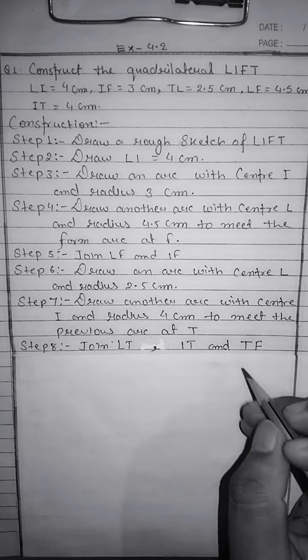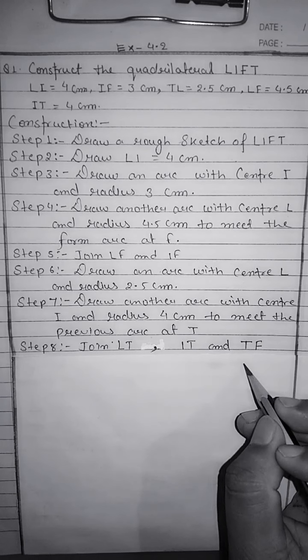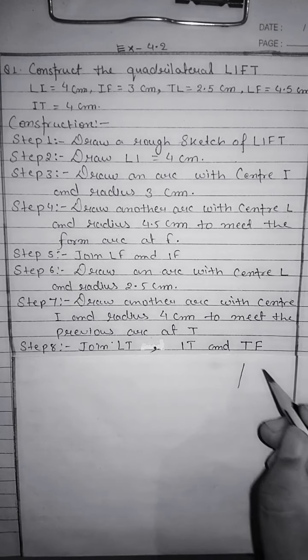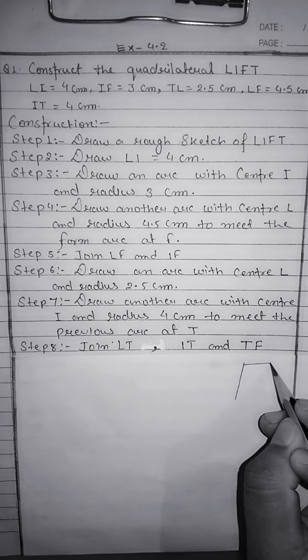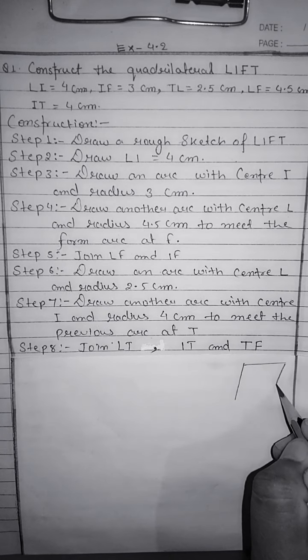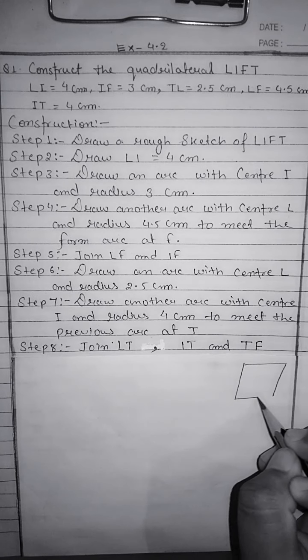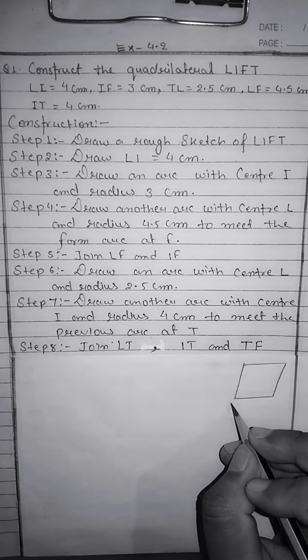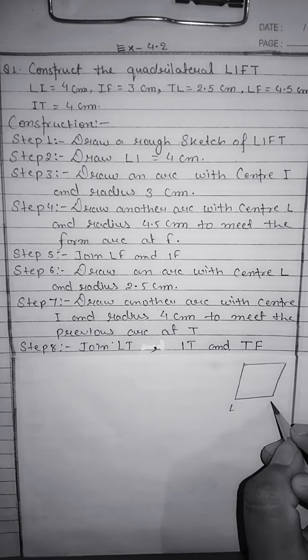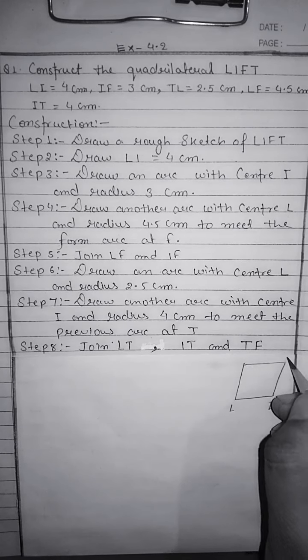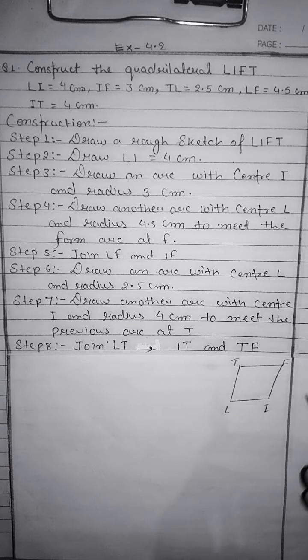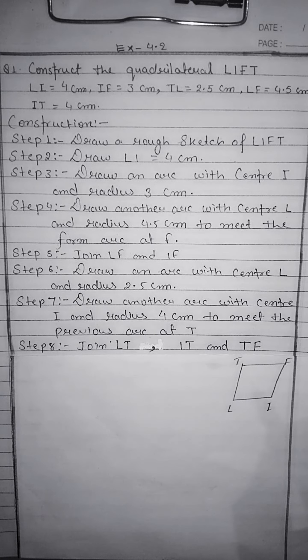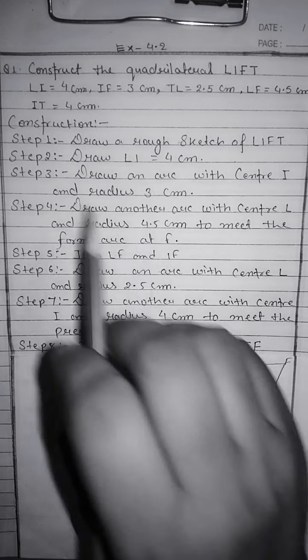So first I am going to draw here a rough sketch of a quadrilateral LIFT, and first of all write down the measurements of sides which is given in the question.